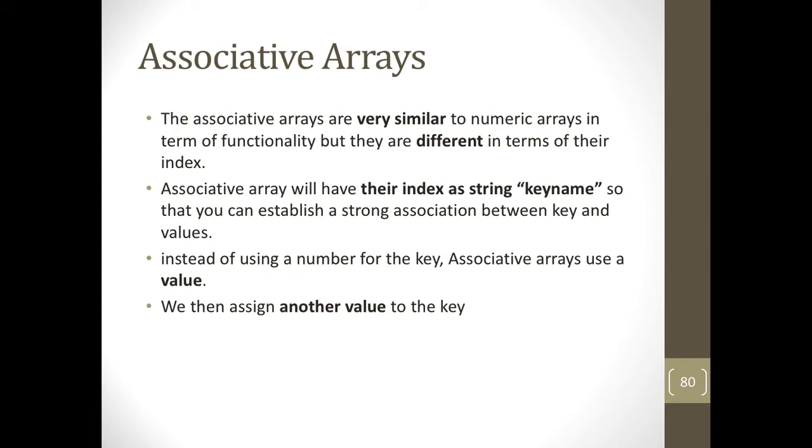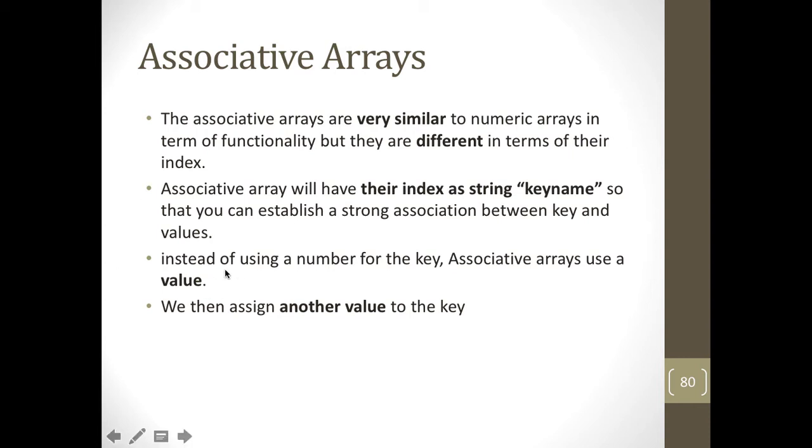But for associative array, you replace 0, 1, and 2 with a string or alphanumeric, so that you can establish a strong association between keyword and values. That's the only difference between associative array and index array or numerical array.